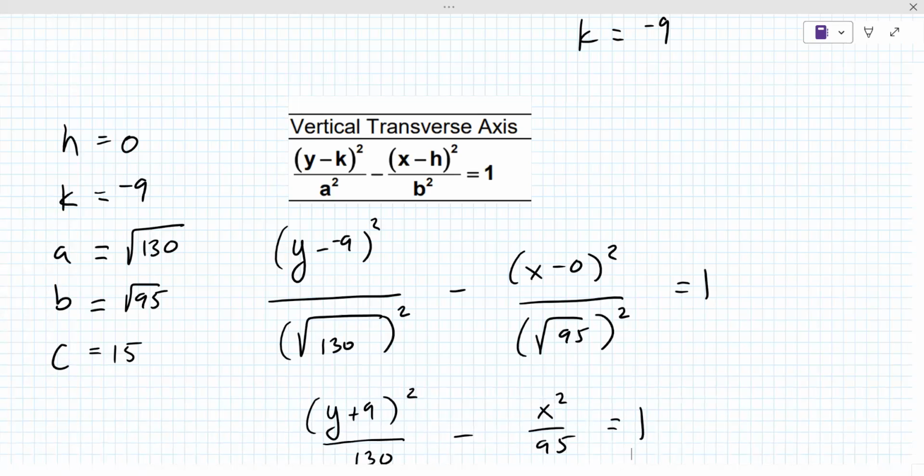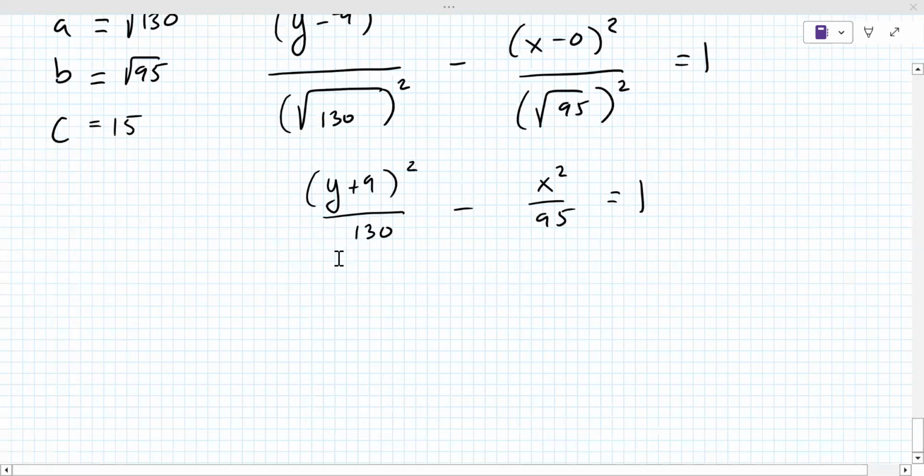Can I enter that into a calculator? You ever use the Desmos calculator? Yeah, I know it works on Desmos, but I don't think it can work on a graphing calculator. It does not. Unfortunately, the only way to graph this is to graph the top half and then the bottom half.